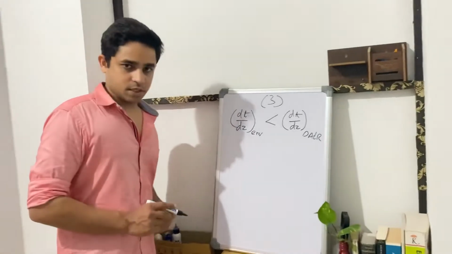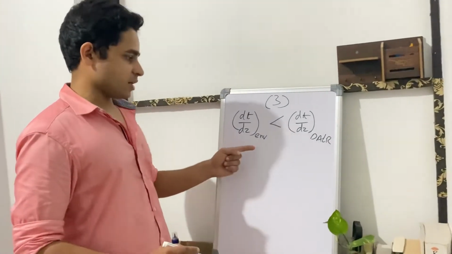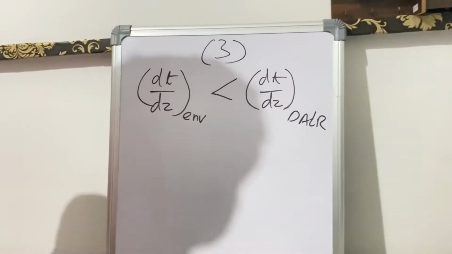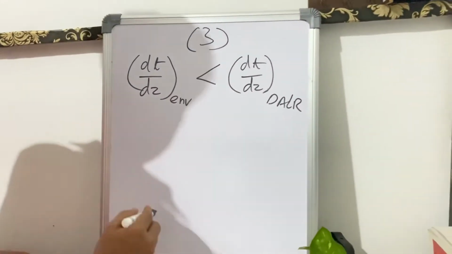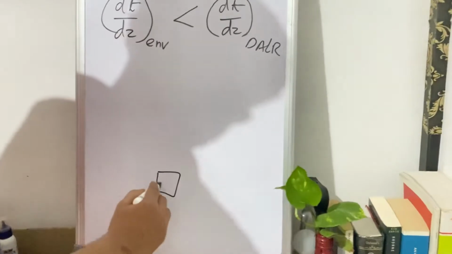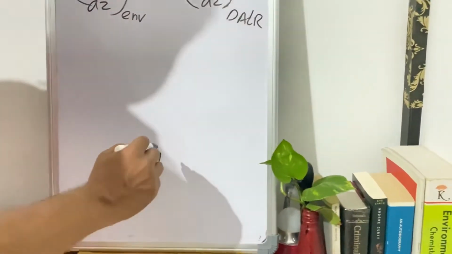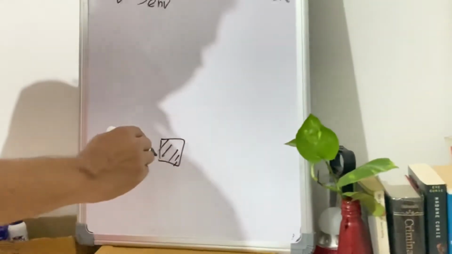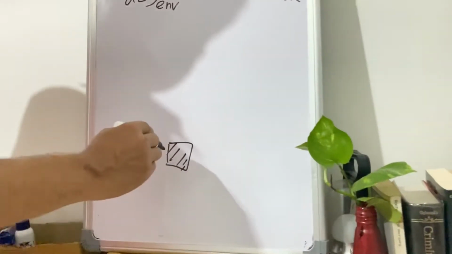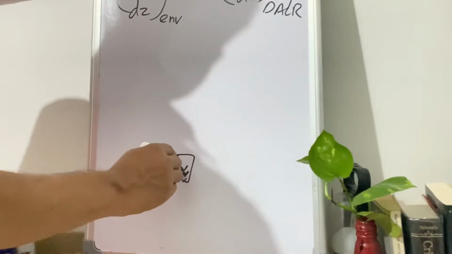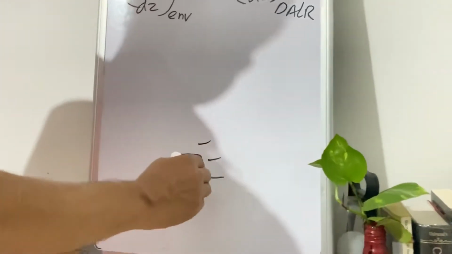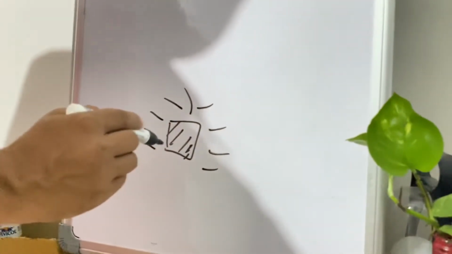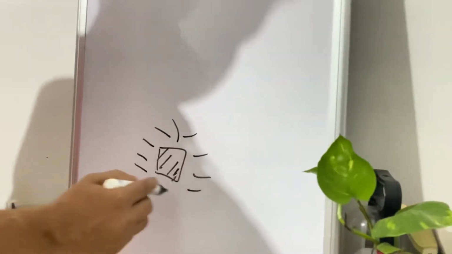The third condition is where environmental lapse rate is less than dry adiabatic lapse rate. Okay. So in this scenario, the temperature decrease in the air parcel with elevation is greater than the temperature decrease in the surroundings.